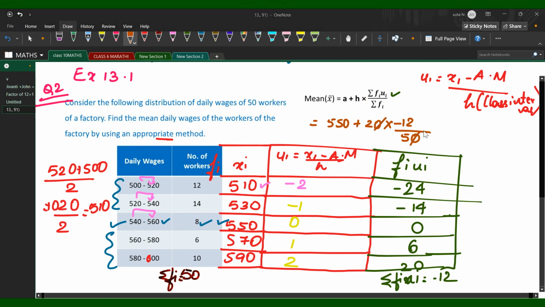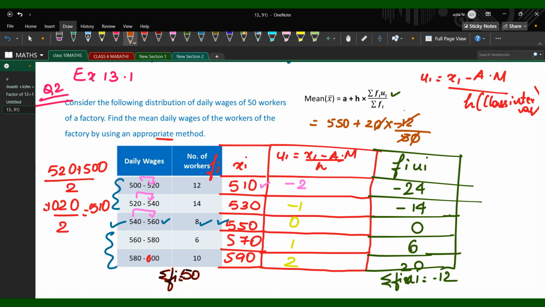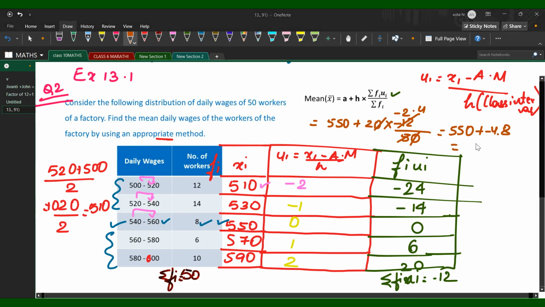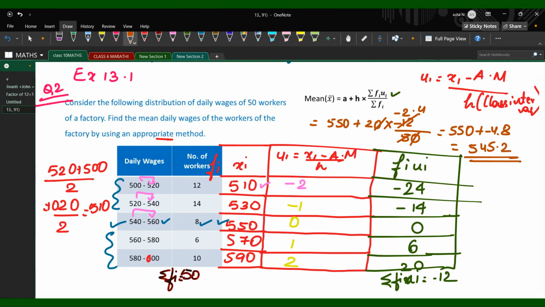Bottom rule: first we multiply, then divide. 20 times 12 upon 50 is 4.8. So 550, minus into minus will become plus, 545.2. Any doubt, any confusion here?